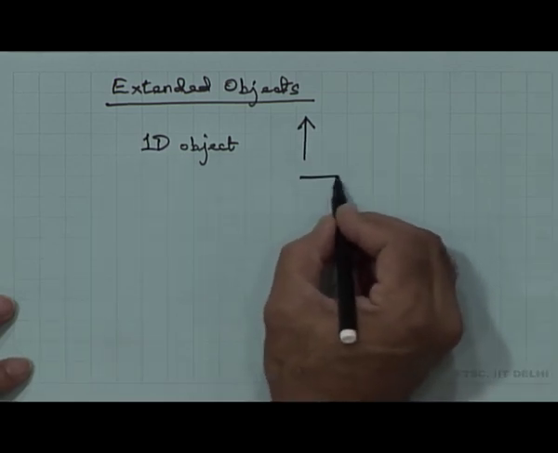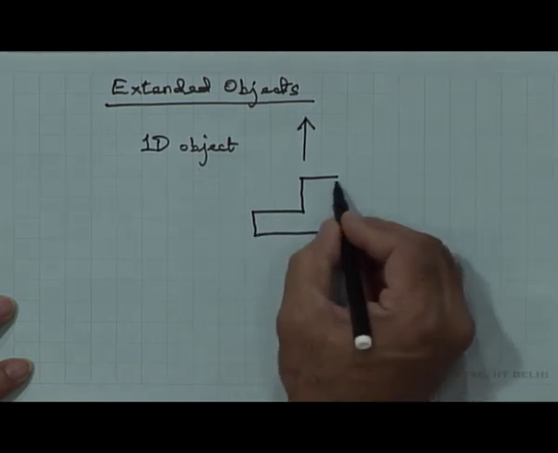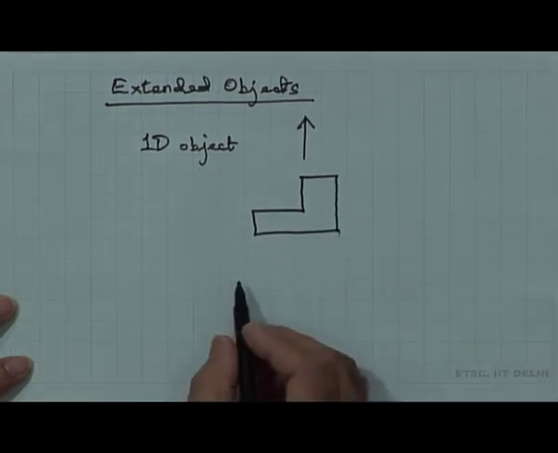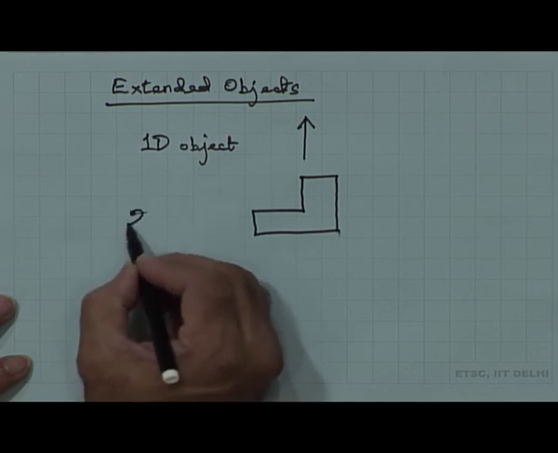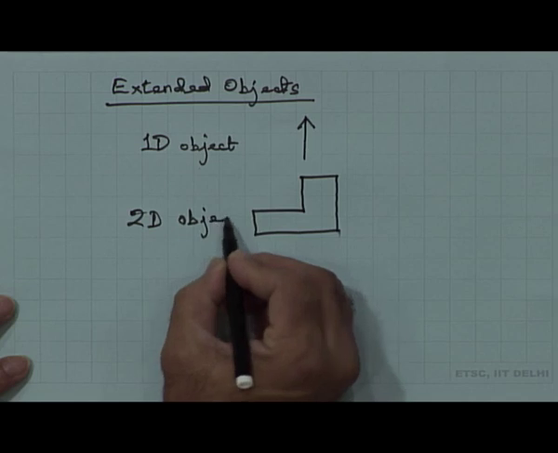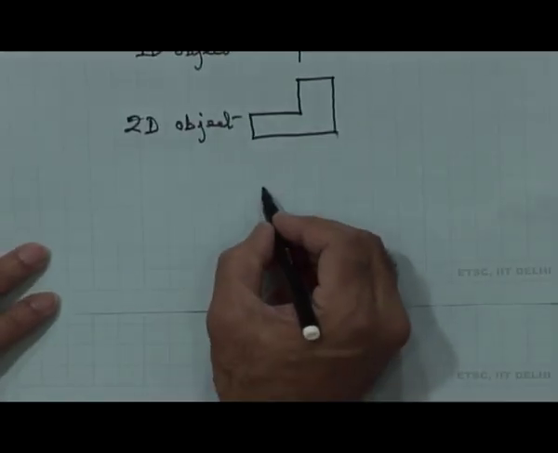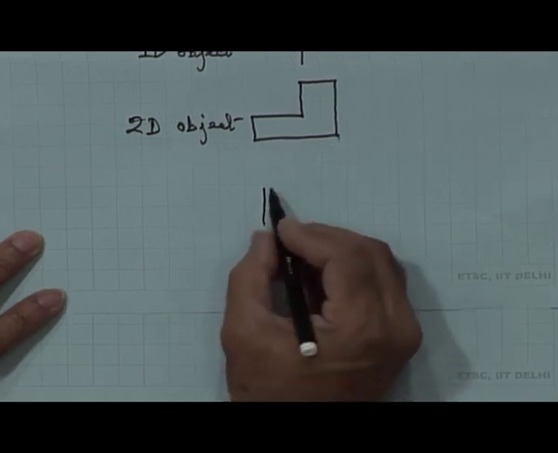If I take an object like this, so this is a 2D object. If I consider a 3D object, for example, let me try to draw a cube.